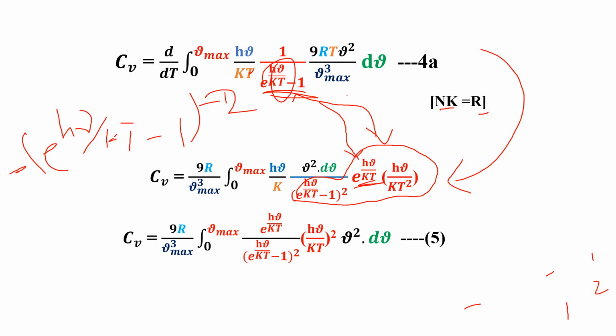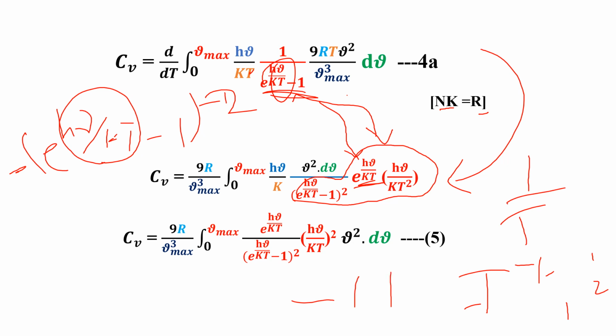So you will be getting a value e power h nu by kt in the numerator. Again, h nu by kt will be differentiated individually. When the h nu by kt is differentiated, the t is in the denominator, so it will move to the numerator as t power minus 1. When you differentiate t power minus 1, the answer will be minus 1 into t power minus 2. So here also you have one minus, and there one minus, so minus minus get cancelled. When you move the power minus 2 to the denominator, it will be converted into power plus 2.